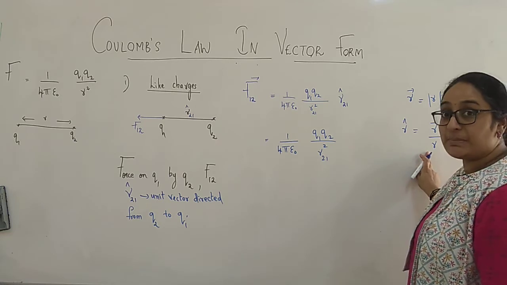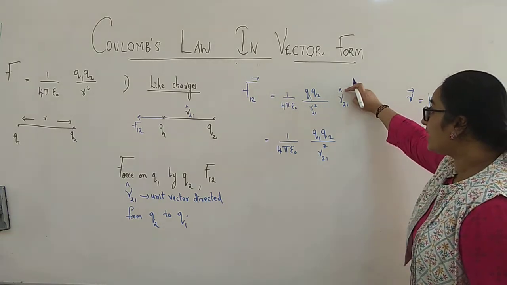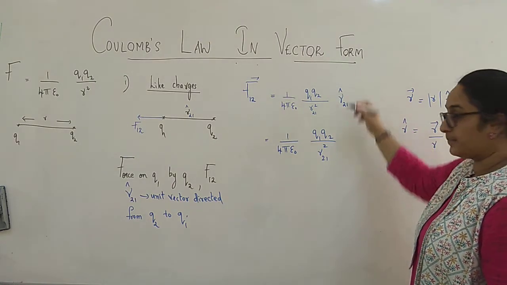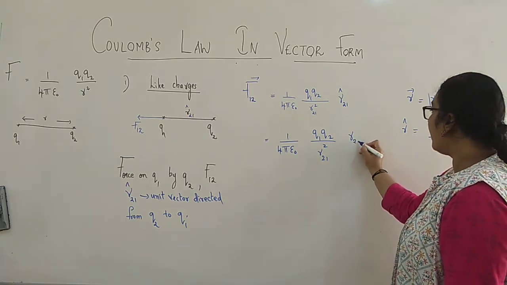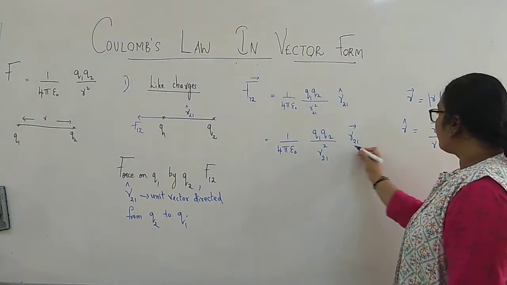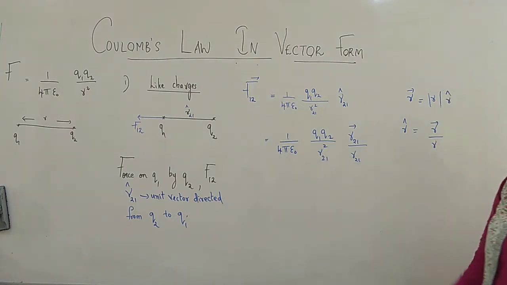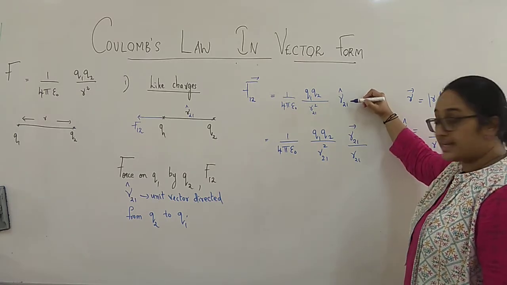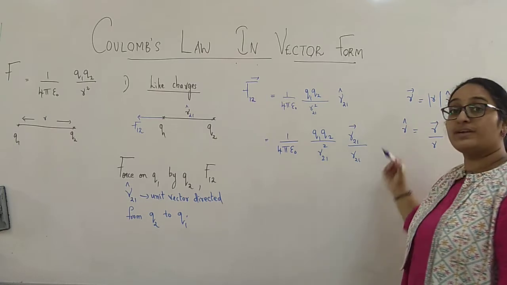If you use the same equation here for writing R21, this is R21 cap. So I am going to replace cap by vector. So R cap is equal to R21 vector by its magnitude R21. So the same F12 equation I have written, instead of R21 cap, as R21 vector.